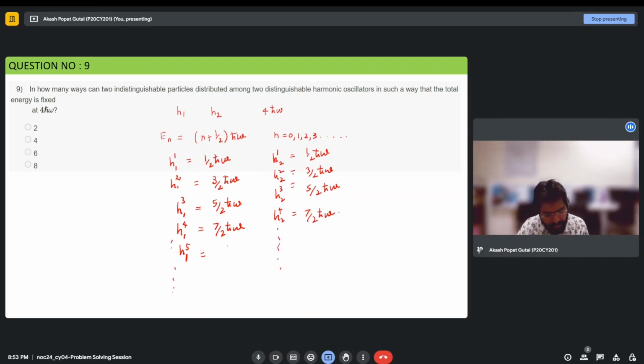And this energy will be in their combination, the total energy must be 4ħω.